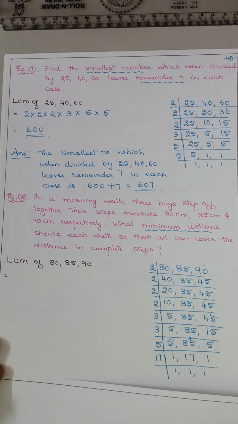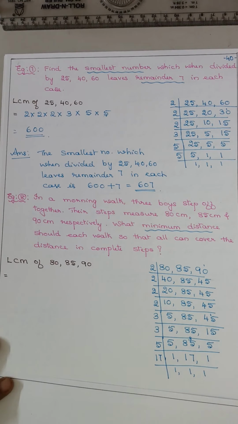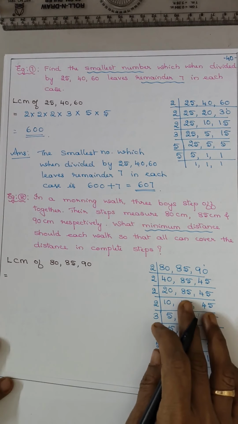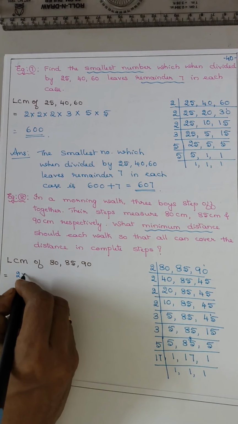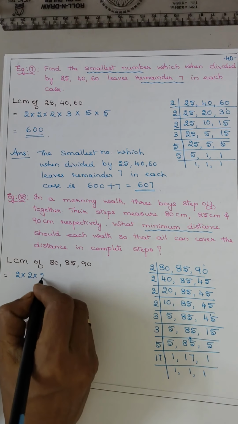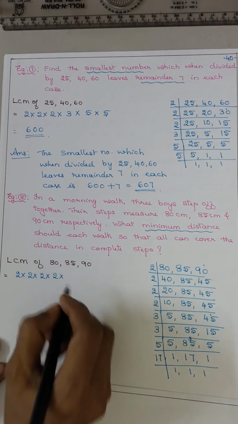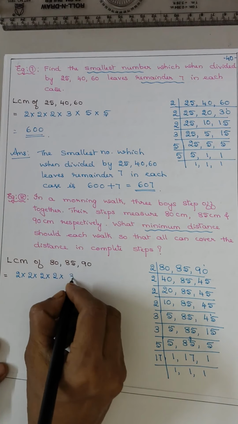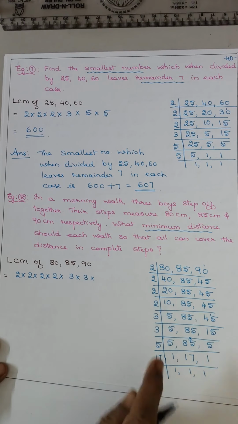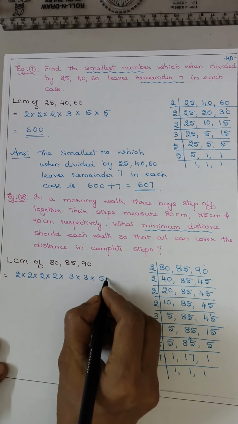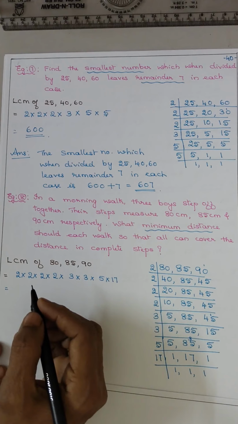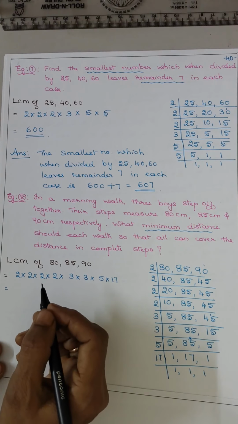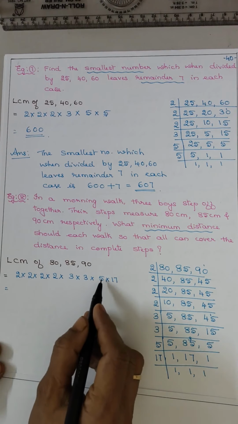Now directly 17 because 17 is a prime number. Is it clear? Now LCM is 2 4 times, 3 2 times, 5 and 17. It's a very big number. So when you multiply, 2 5s are 10.